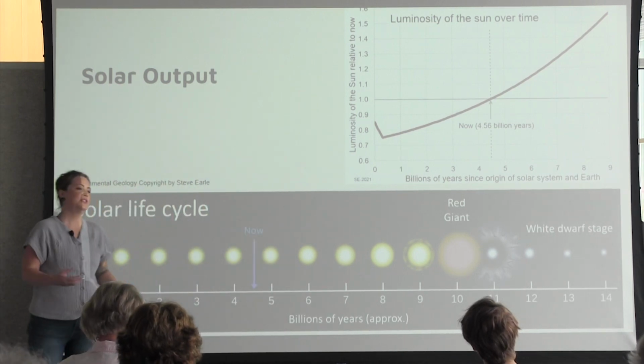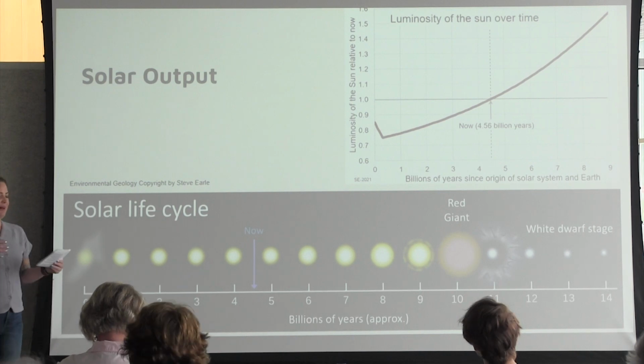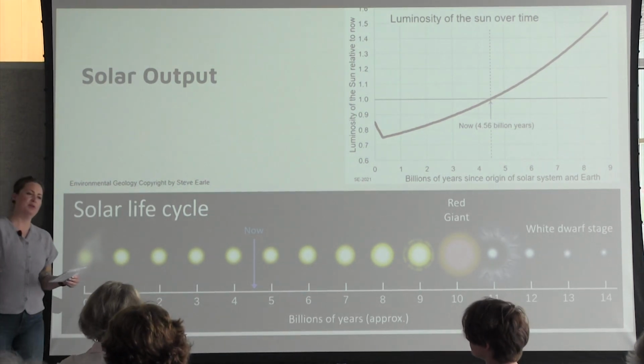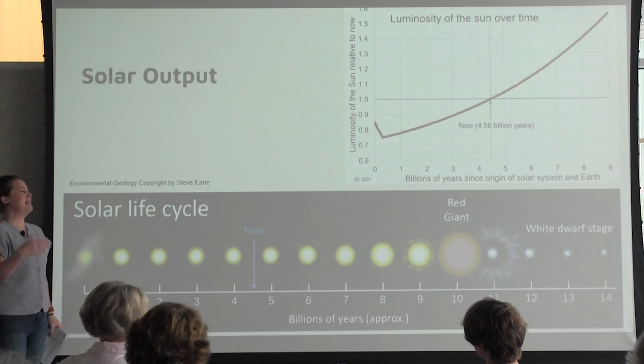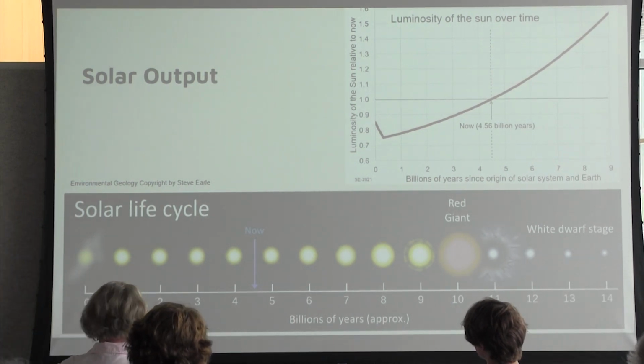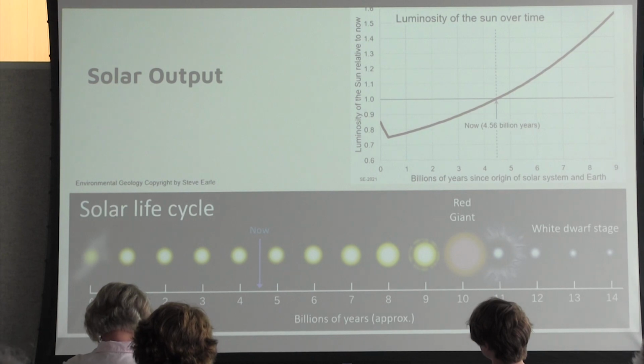Right now, our solar output is increasing by about 8% every billion years. So it's still pretty small, only 8% over a billion years. So that's one thing that has a little bit of effect on climate.